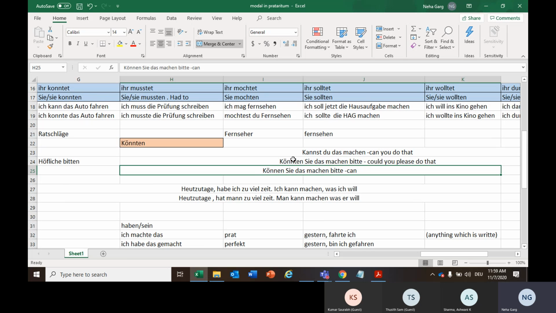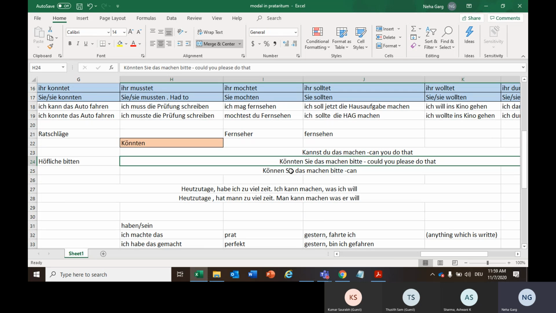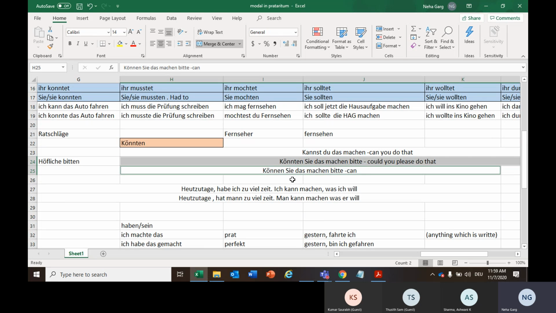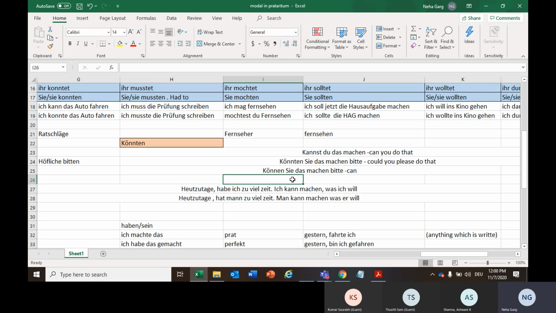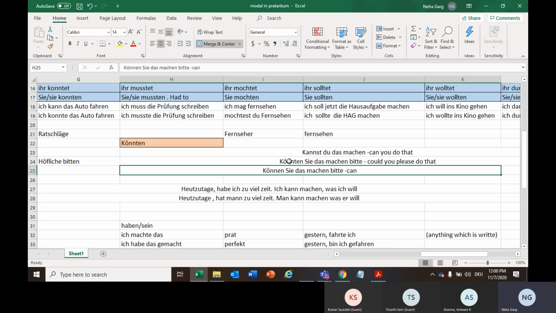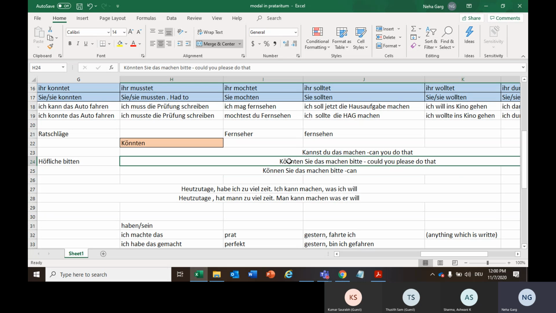Okay, so now let's pay attention to this particular sentence and this particular sentence. Why, when we are talking about something in present, like when we are asking somebody to do that, why can we not use können, but why do we have to use könnten? So as I said, könnten, while adding extra t, sounds a little polite.